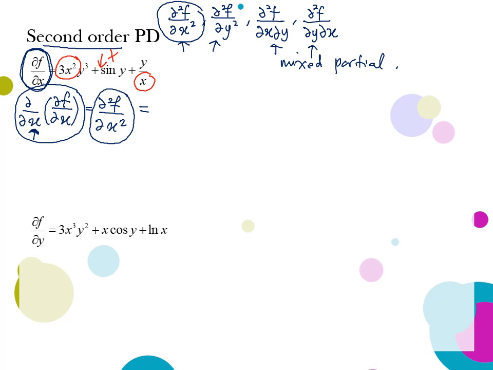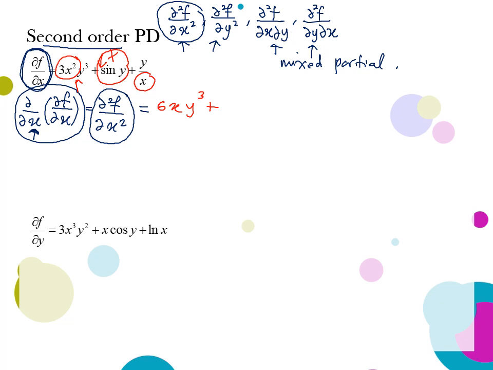So you only have two terms with x. Alright, so concentrate on the x, differentiate the first term here. You will get 2 times 3, that is 6x, and y will remain. Plus, you have no x in here, so only y.